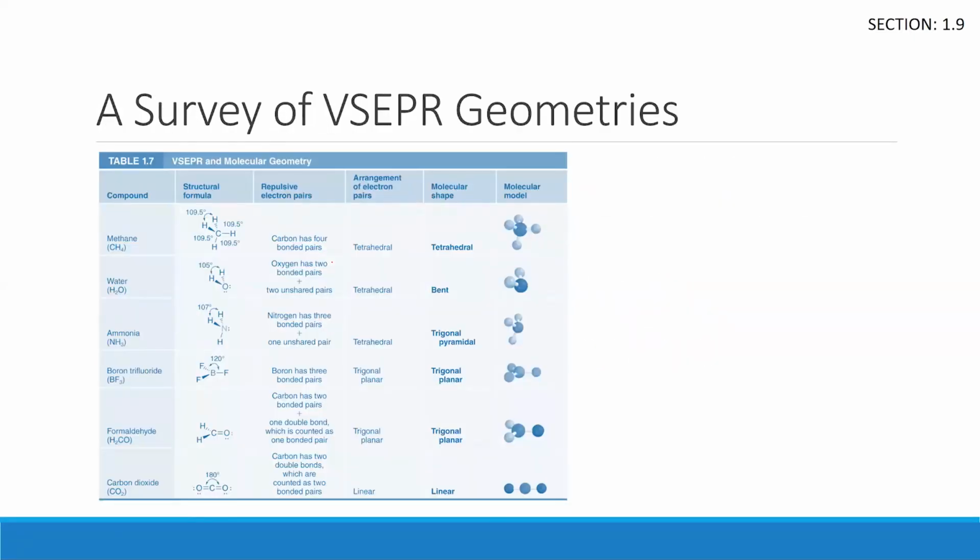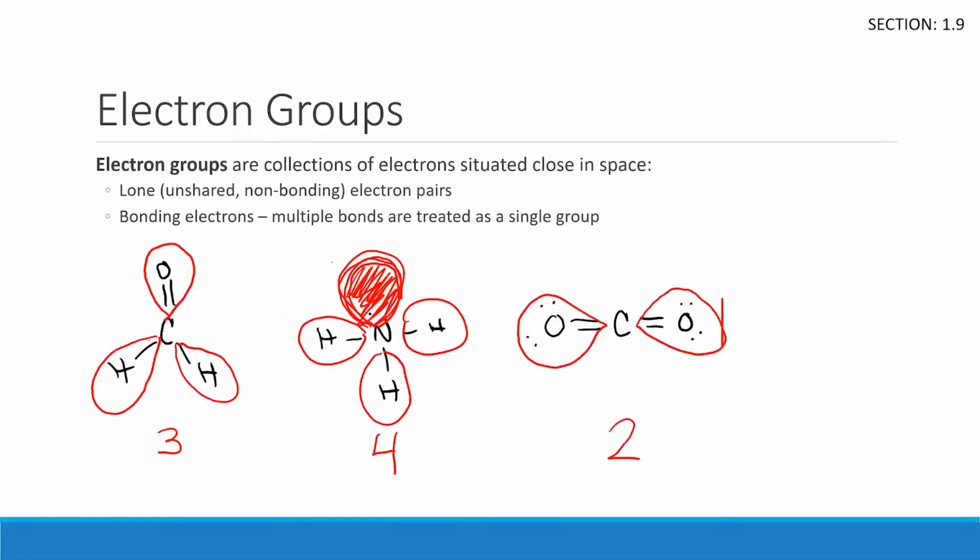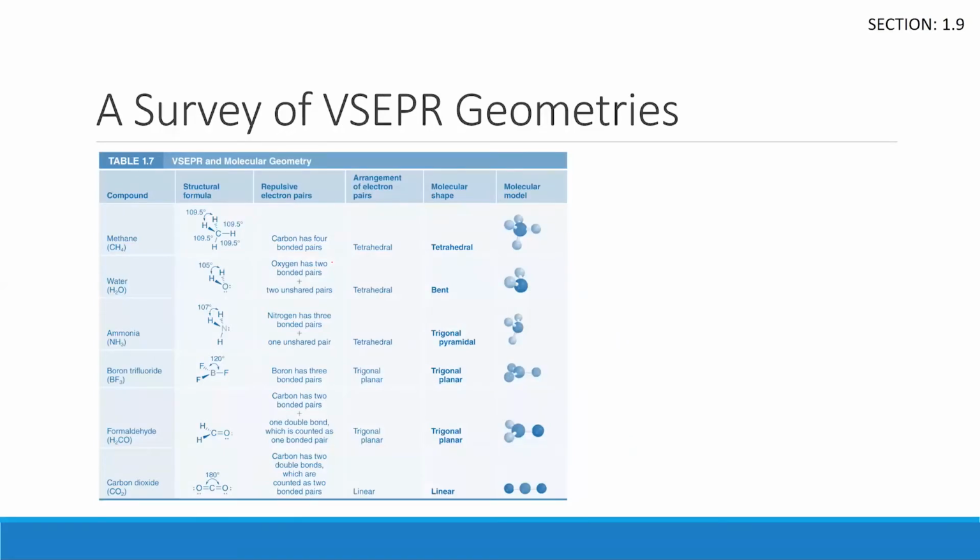We can use this information with our table here. The first thing you want to know is the number of electron groups that you have. Here, our first ones were 3, 4, and 2. That tells you firstly the arrangement of electron pairs.